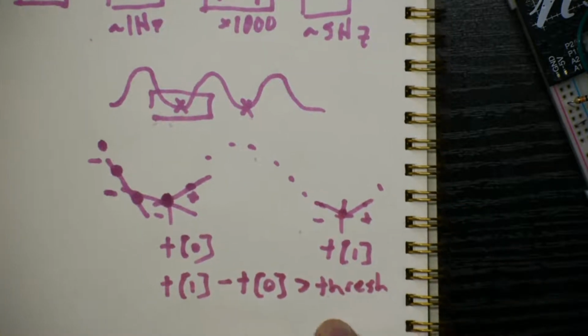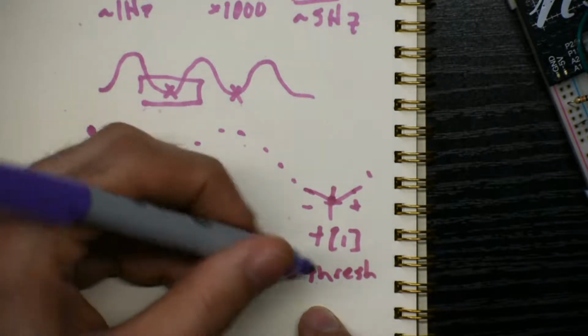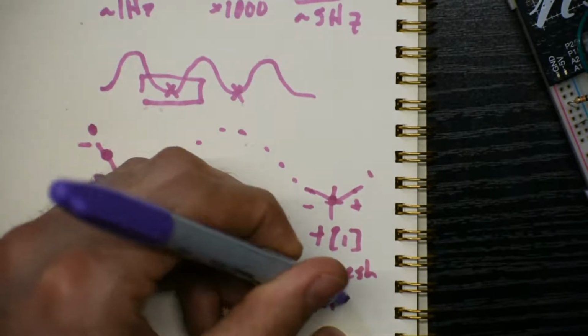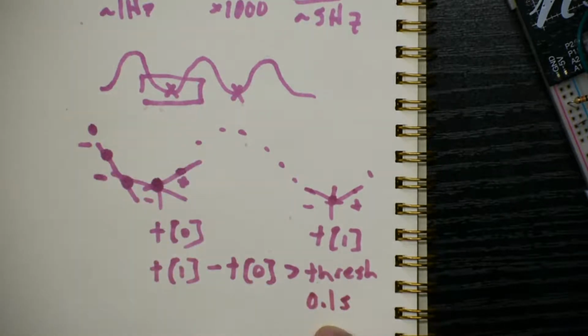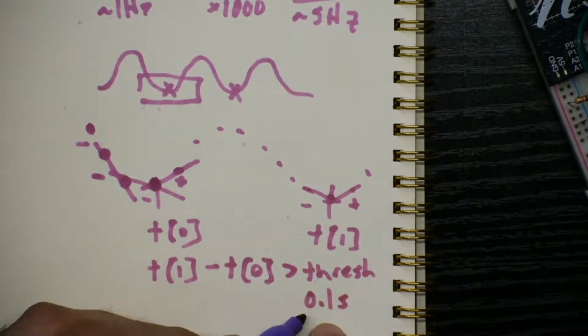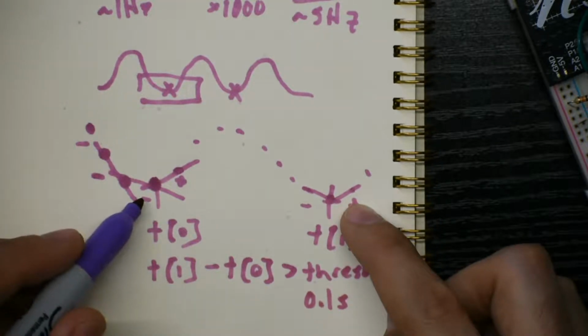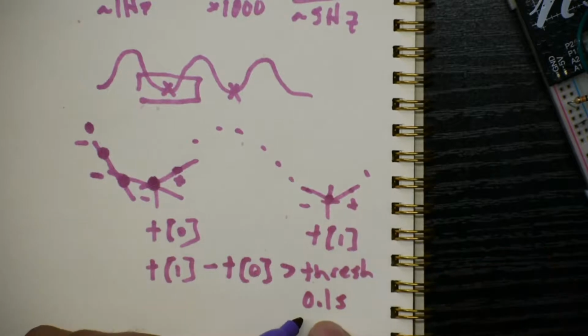So I would set this threshold to be at least, say, 0.1 seconds, or maybe more. This would mean we would skip data points if they were closer than 10 hertz. Our heartbeat is never more than 10 hertz. So you can play around with this number.